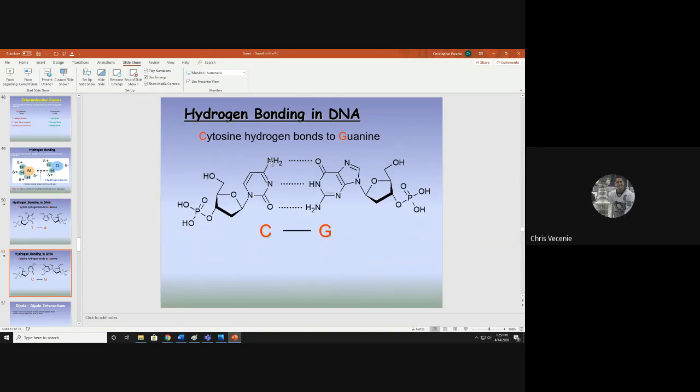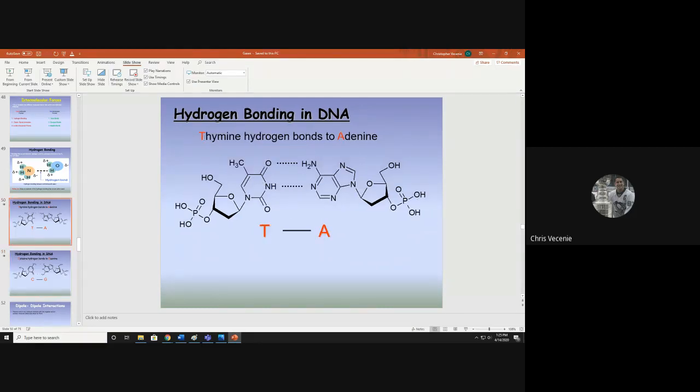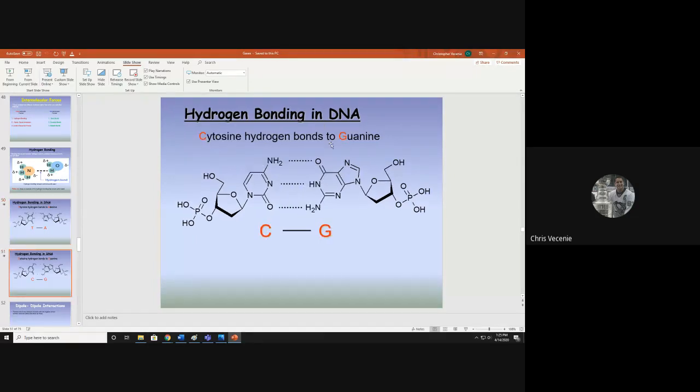The dots on this O feel the H, the dots on the N feel that H, the dots on the O feel that H. So a CG base pair is stronger than an AT base pair, and because of how DNA is created, this creates uneven shaping in the double helix, which is why you will learn, if you haven't, that you have major grooves and minor grooves in DNA based on what the pairings look like. So we get A's with T's because of this setup. You get C's with G's with this setup.